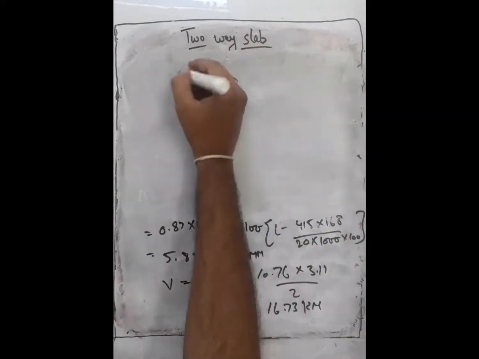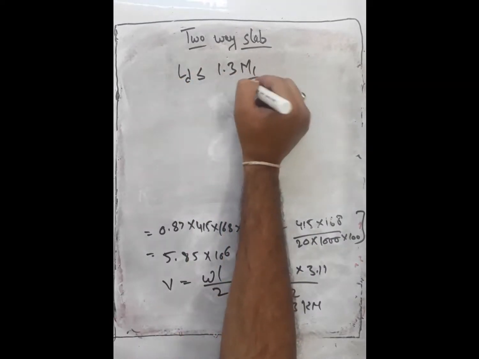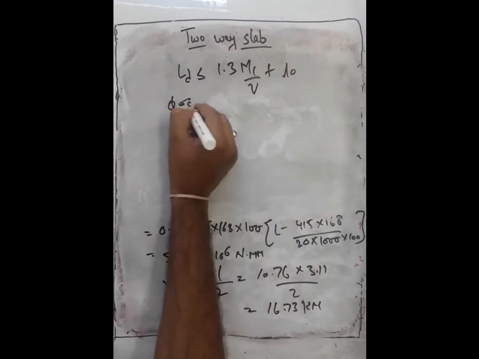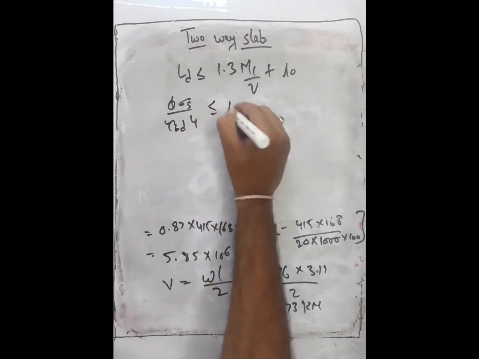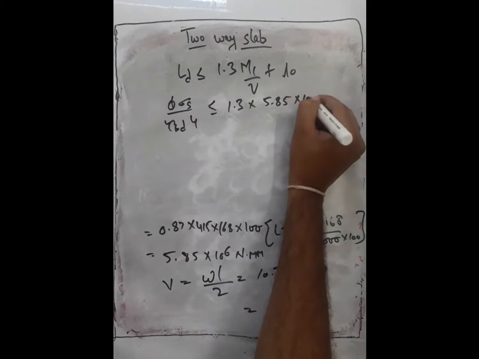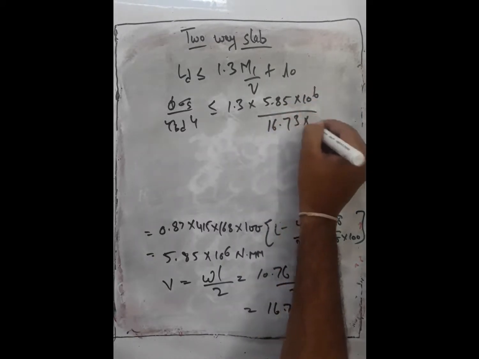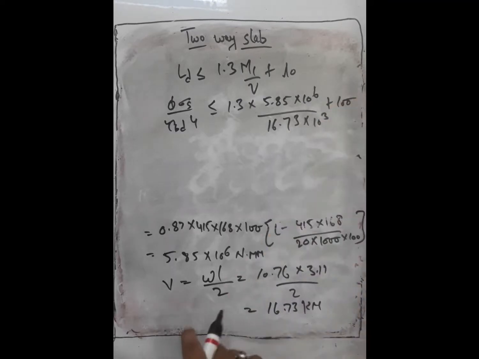Okay, so L by D ratio is less than or equal to 1.3 M1 divided by V plus L naught. So 1.3 into 5.85 into 10 raised to the power 6 divided by 16.73 into 10 raised to the power 3 plus L naught, which is 100.